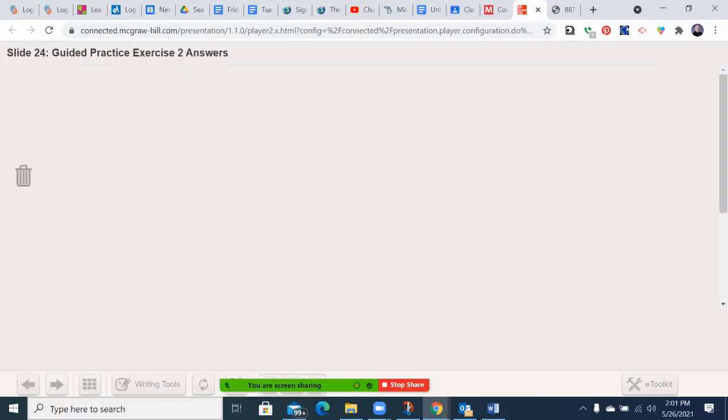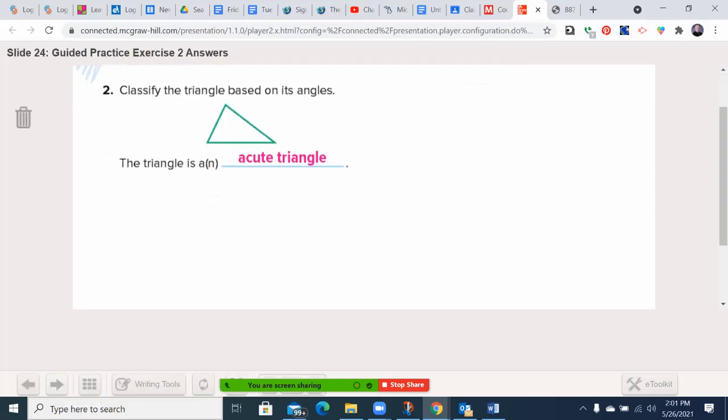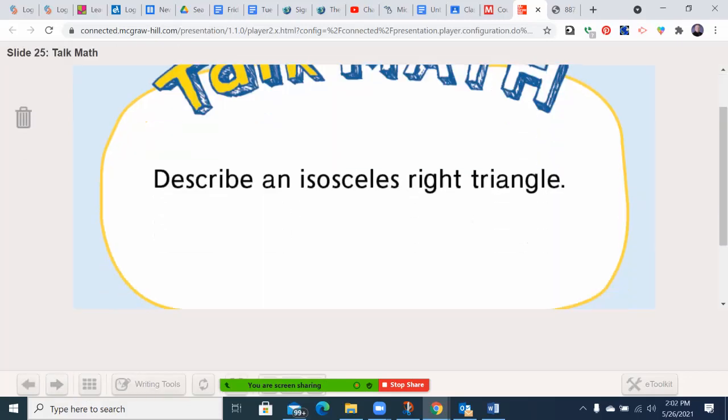Welcome back. It's an acute triangle. This one's pretty close to 90, but not quite. And you could use a protractor when necessary to answer these kinds of questions, particularly if you have paper. Describe an isosceles right triangle. What I would say is it has a 90-degree angle.